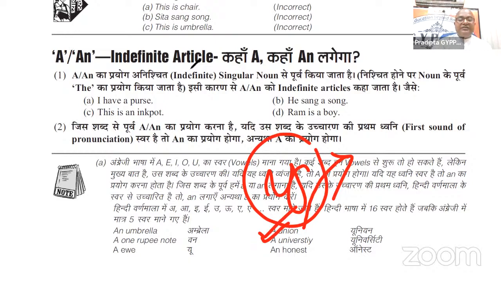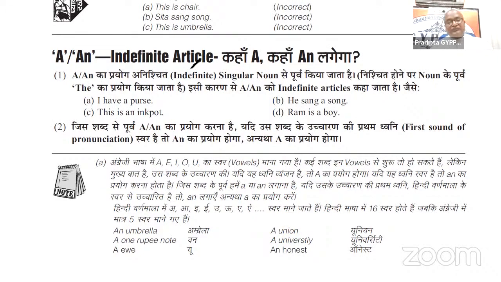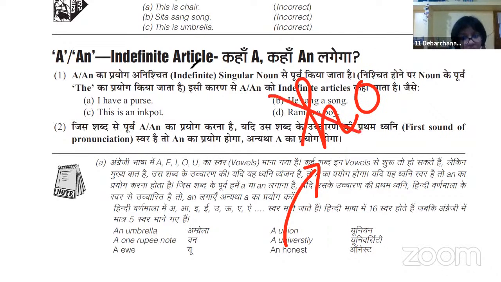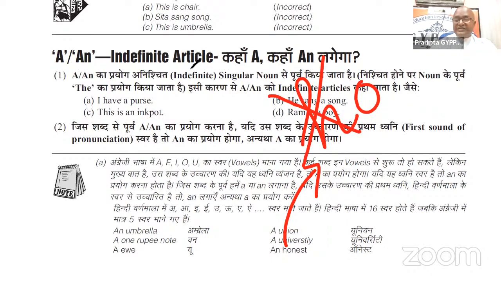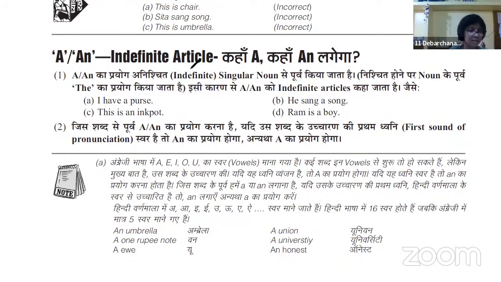Similarly, if you see 1, 1 rupee, if you say one, the sound is like w, which is a consonant sound. So we say a 1 rupee note. But in case of honest, even though there is H in the word, it remains silent. So we say an honest man. I hope everybody understands. Do you all? Yes, sir.